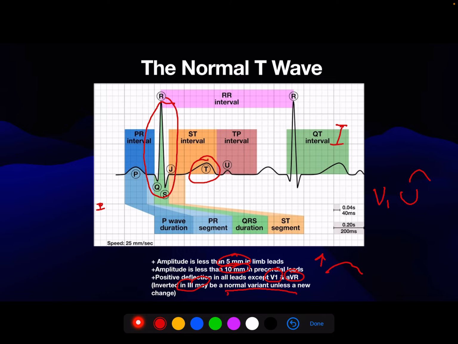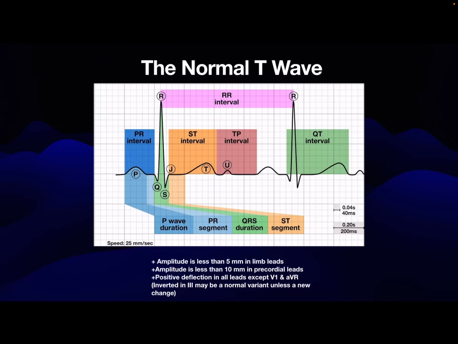And if you see that the T wave morphology changes, say in lead 3 or any other lead for that matter, that should also cue you in to be thinking about acute problems such as ischemia, injury, and infarction. All right, so that's what the normal T wave looks like. And these are just some things to think about: the amplitude and positive versus negative deflection of the T wave.